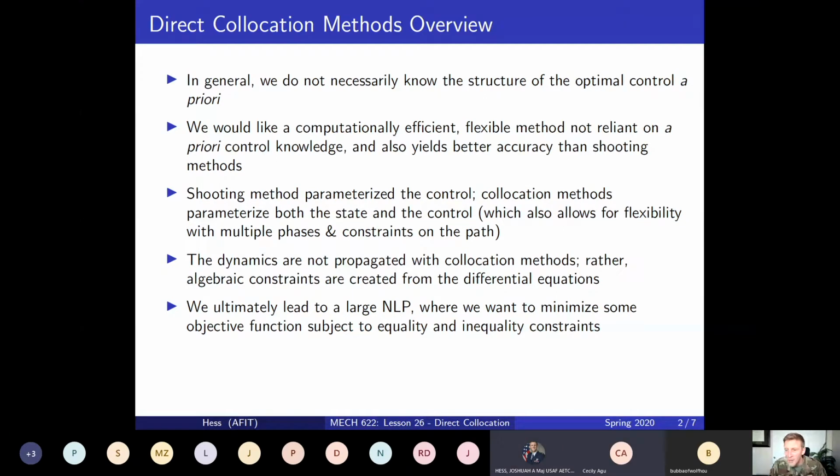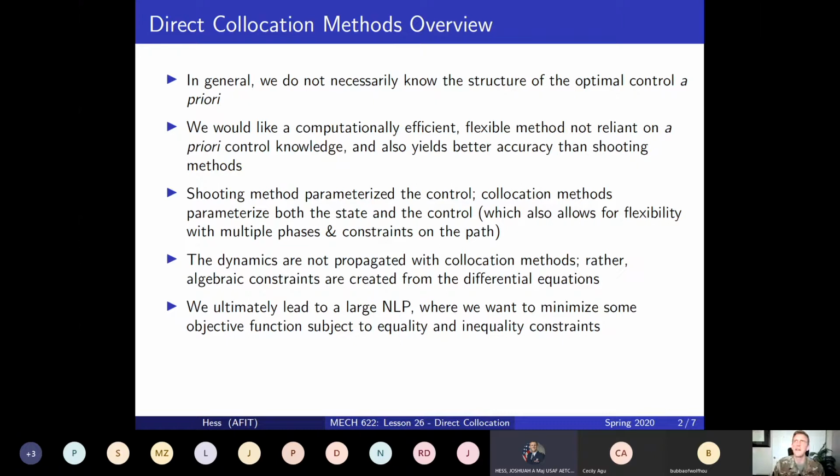You're trying to figure out an initial idea of what the structure is? Yeah, so I guess that kind of depends on what we mean by the word structure. In this one, it's saying we don't know the structure of the actual optimal control profile. So we don't know whether that's going to be the sum of a quadratic plus a cubic, or the arctangent of some polynomial plus the arctangent of some polynomial.